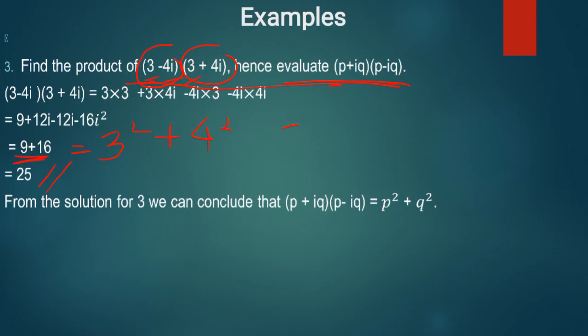If that is the case, and look at it, there's 3, there's 4, and there's P, there's Q. It means that this is P squared plus Q squared. So that's why we said from the solution of 3, we can conclude that the product is the same as this, because they're not values. We can't find the final value. We have letters, so the only way we can do it is to study and arrive at this value, as you can see there.